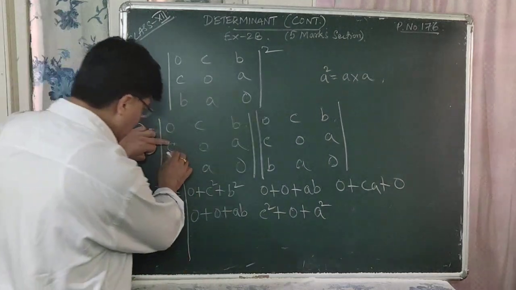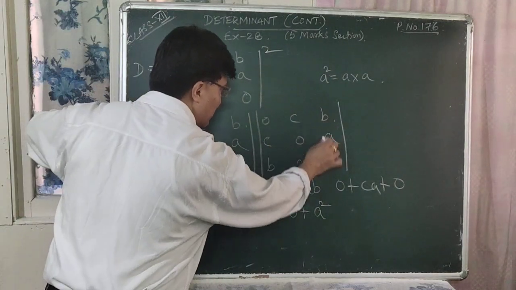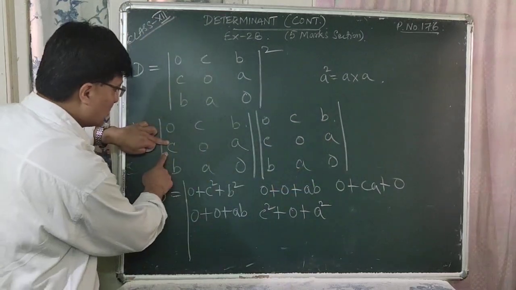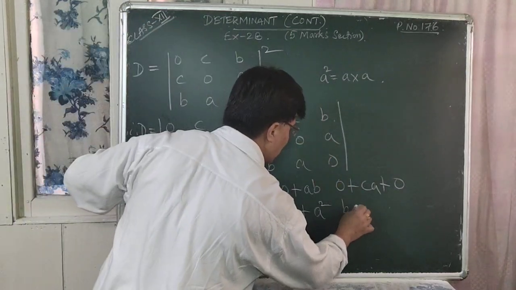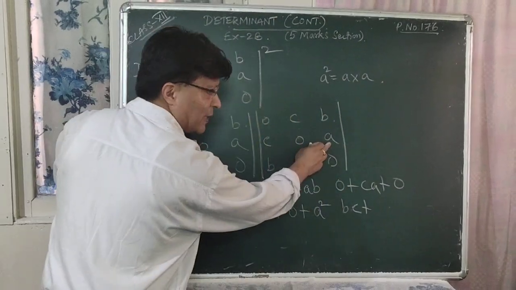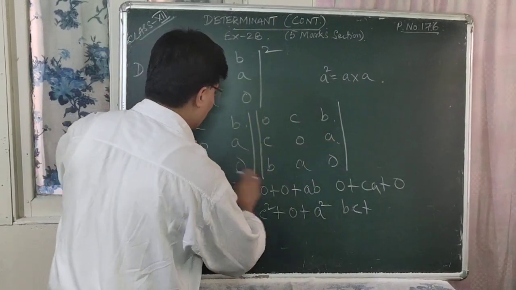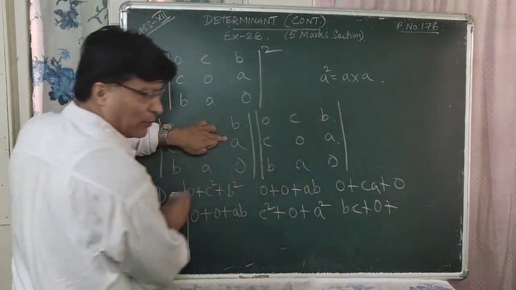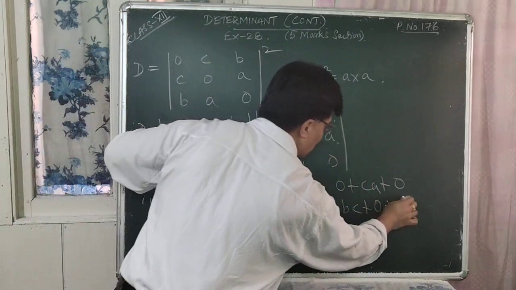Now this second row is multiplied by third column, but corresponding elements should be multiplied. The c into b, bc, plus 0 into a, that is second elements are multiplied. 0 into a is 0, plus now third elements are multiplied, that is a into 0 is 0.